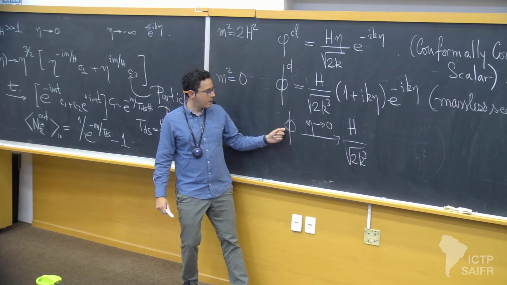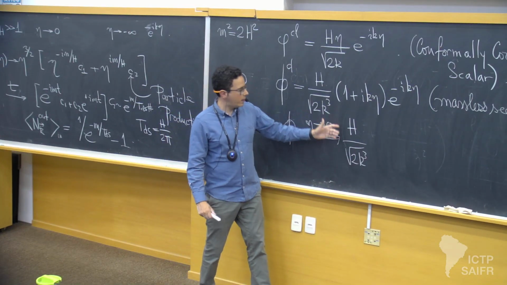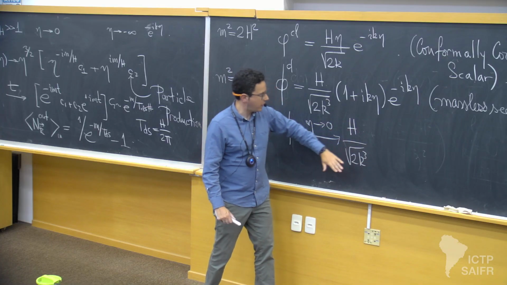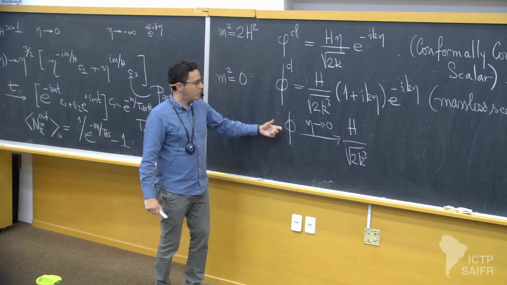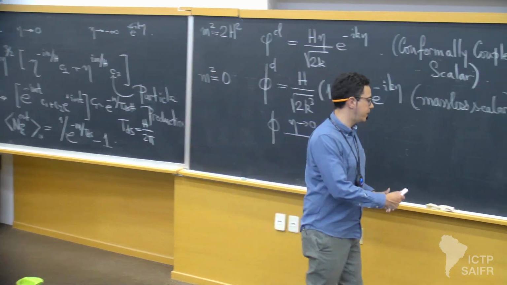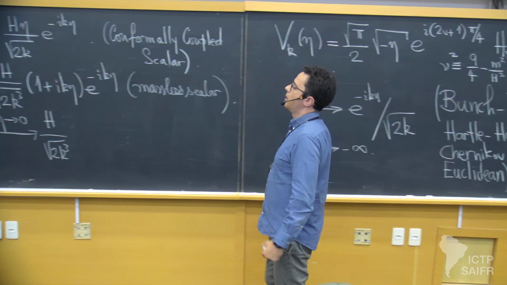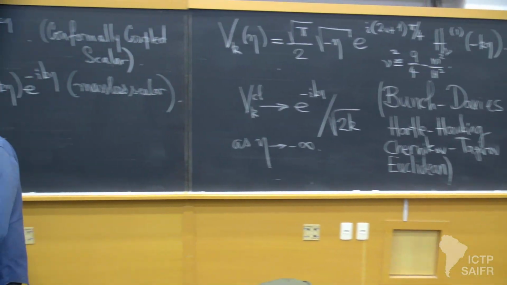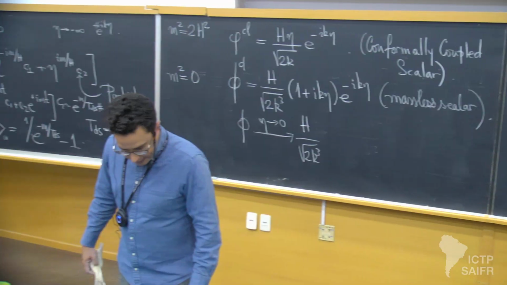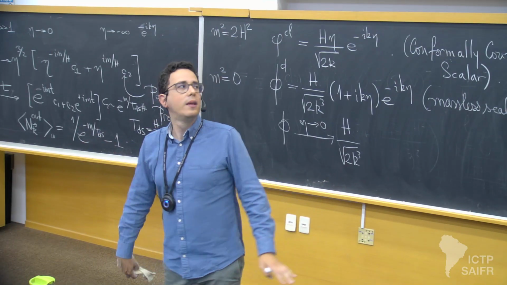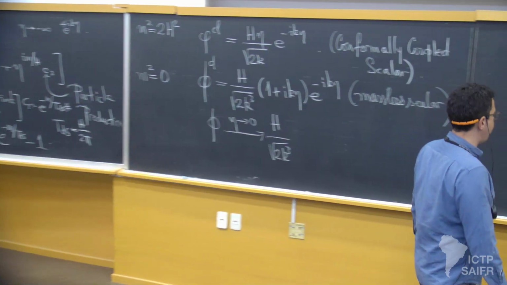Phi is dimension 1, and the only dimensionful quantity that you have is h. Forget about k, okay? So the only thing that you could possibly get is h. So that's the typical size of a de Sitter fluctuation. It's controlled by the Hubble parameter, okay? So that's all you need to know to then become expert in inflationary perturbation theory.